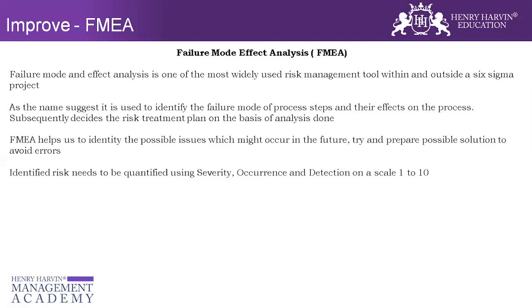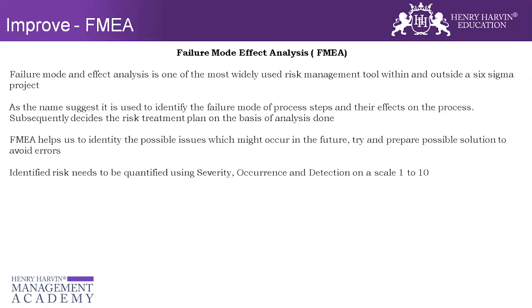So on a scale of 1 to 10, we have to give a rating. Likewise for severity, we give a rating from 1 to 10, 10 being very, very severe and 1 being very less severe. Occurrence of 1 means that this can happen only once in 10 occurrences, which is just 10% or less than that. Okay, so what is the probability?